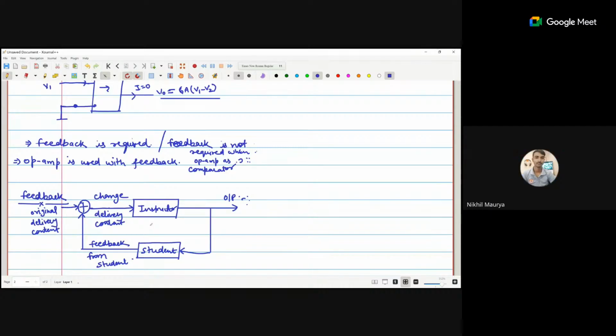No, sir. Okay, now the student who gives the feedback, there may be two types of feedback: either a positive feedback or a negative feedback.